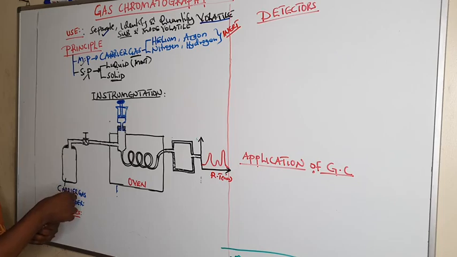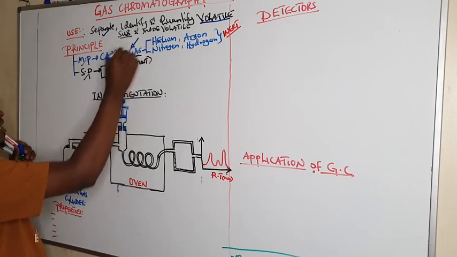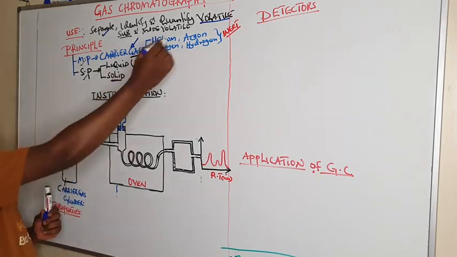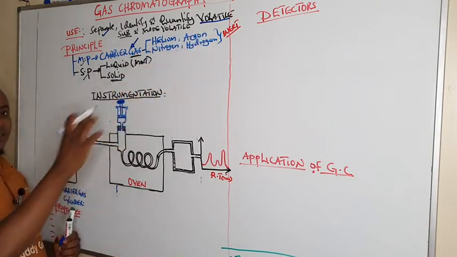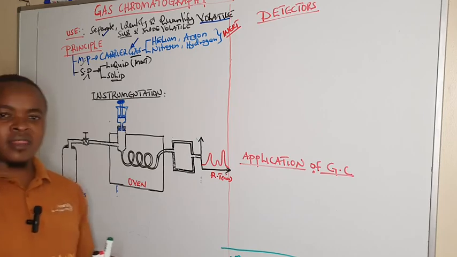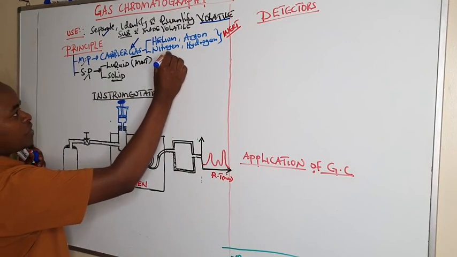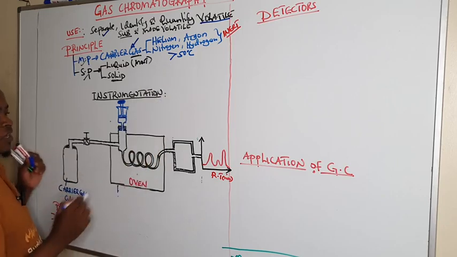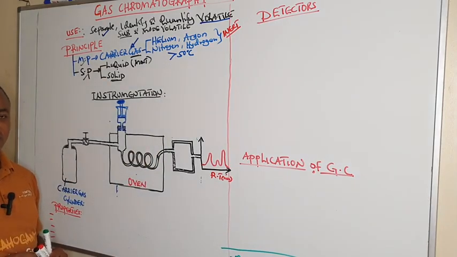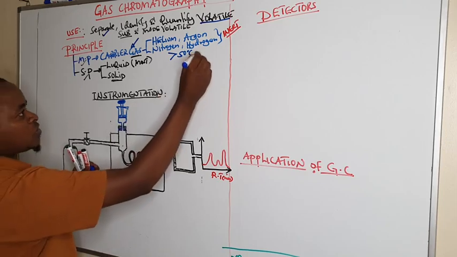The principle states that when the sample containing volatile substances is injected into this carrier gas, which is inert with high density and thermostable, at a temperature greater than 50 degrees centigrade above that of the column, this sample within the injector port is going to be vaporized.